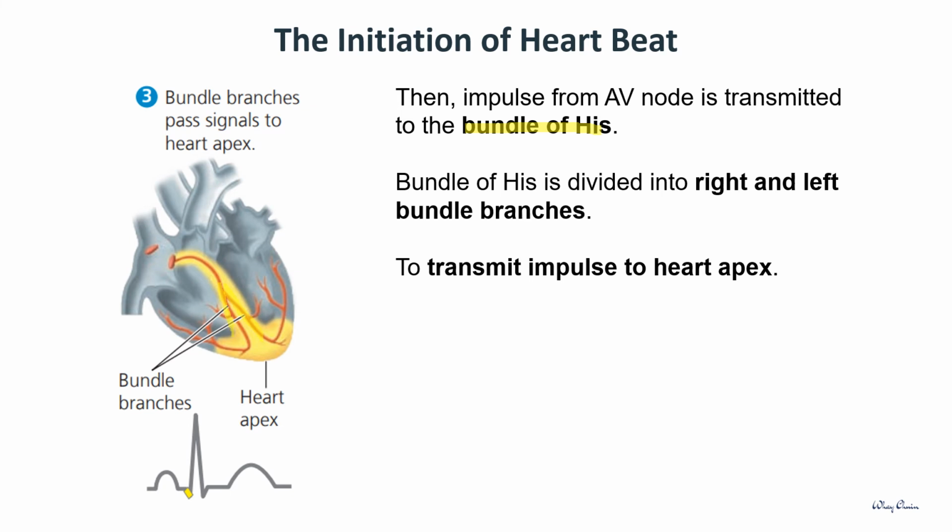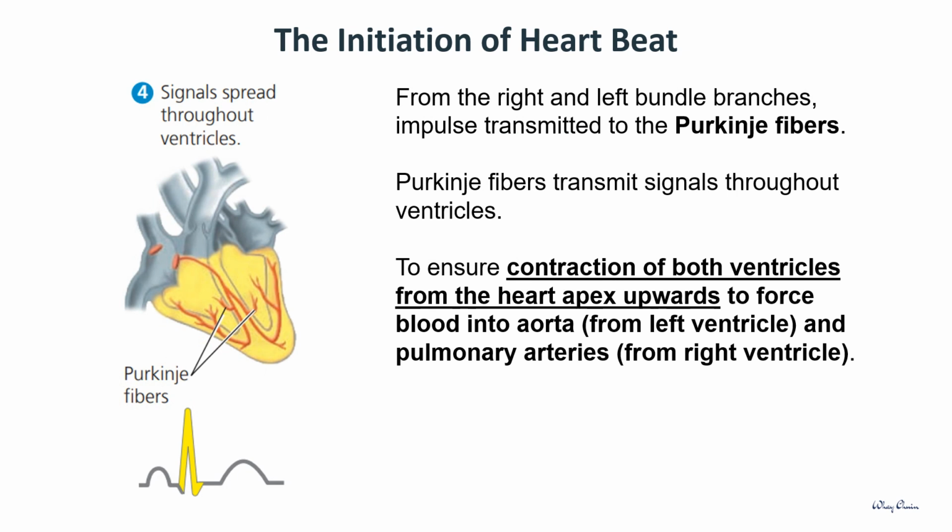The function of the bundle of His and its bundle branches is to transmit the impulse to the heart apex. And the impulse will be transmitted to the next component, which is the Purkinje fibers. Purkinje fibers are the nerve fibers that spread throughout the wall of the ventricles.